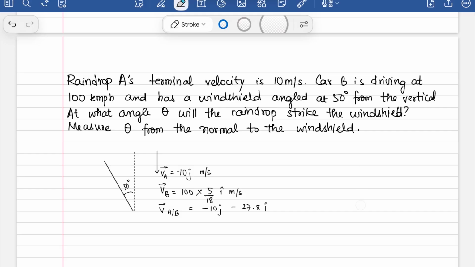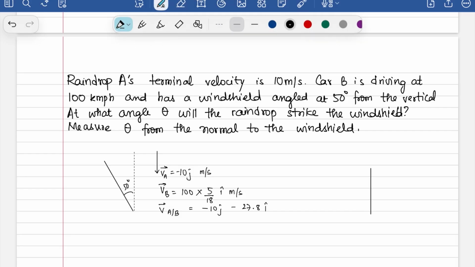Essentially, this here is the velocity of A, and this here is the velocity of the car, which we are calling B. I have the magnitudes as 27.8 and 10. And the velocity of A with respect to B, which would be this vector here, is the velocity of A with respect to B.